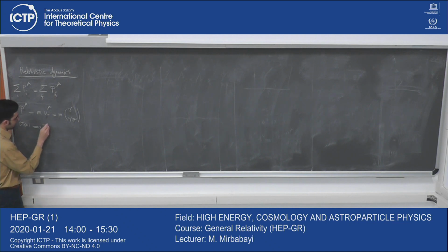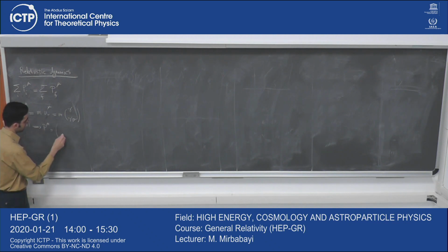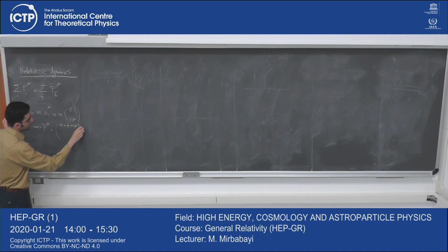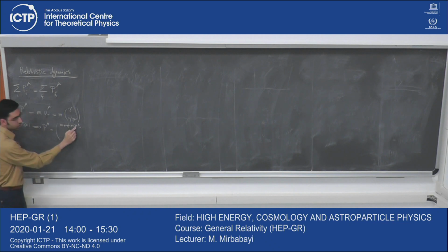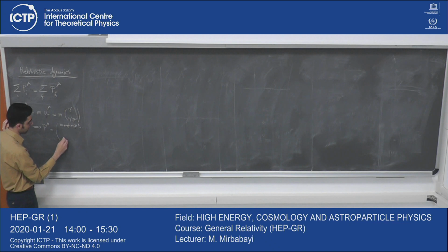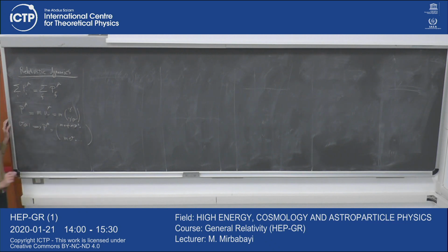Then we have P mu given by m plus 1/2 m v squared plus however the correction in v, fourth order in v, and here we will have m v just cubic and higher order terms in v.